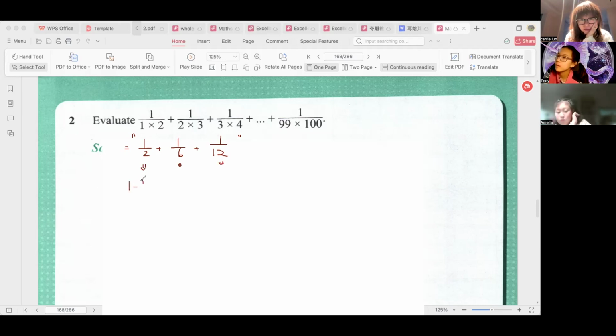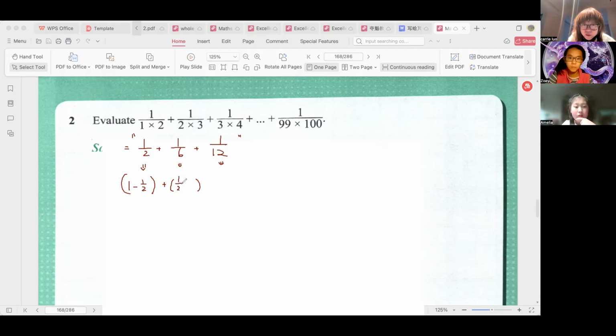Is it equals to 1 minus 1 over 2? Okay, so Amelia, 1 over 6 equals what? 1 minus 1 over 6? 你到底数学会不会算的？1 over 6 equals what, Amelia?